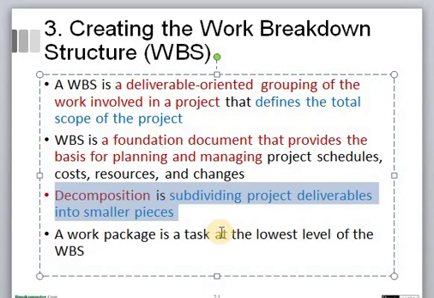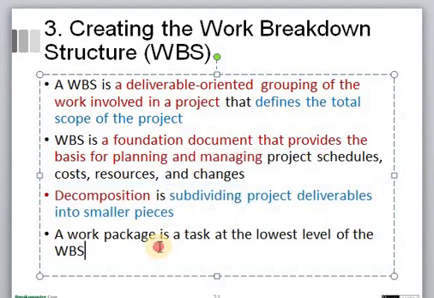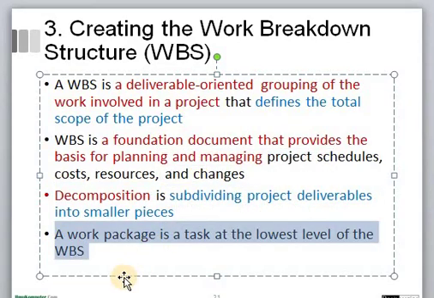In order to get a detailed understanding of the nature of the work, we will decompose the larger, complex units of the project into smaller, manageable, easier to implement units. A work package is basically a task at the lowest level of the work breakdown structure. At the lower level of the work breakdown structure, we will present the work packages or set of tasks in order to accomplish some goals or objectives or some milestones.